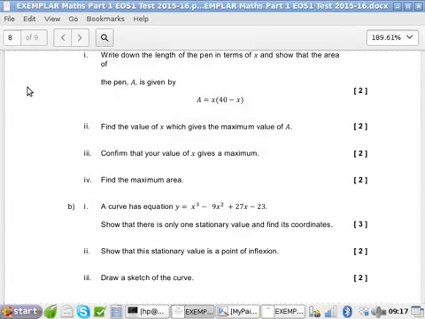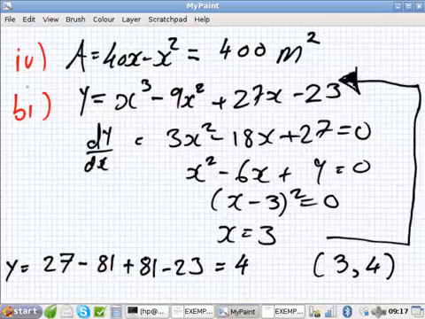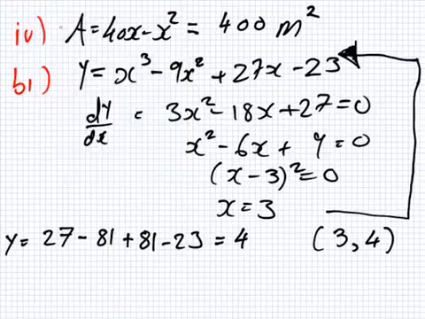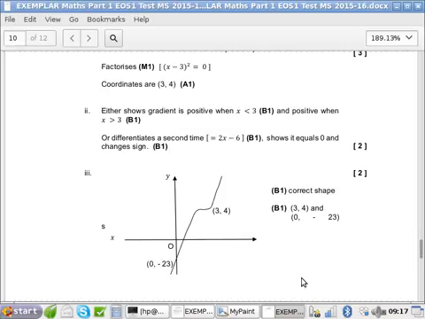Now, that's a little bit annoying. That means we have to draw a graph here. Now, I hope to give you a good few marks for that effort. Oh no, that's the second part. Okay.